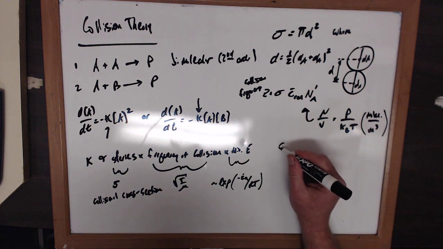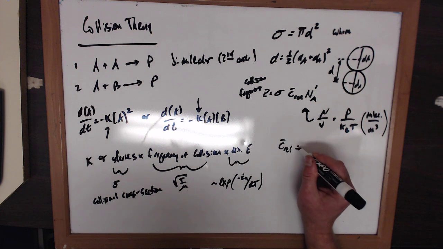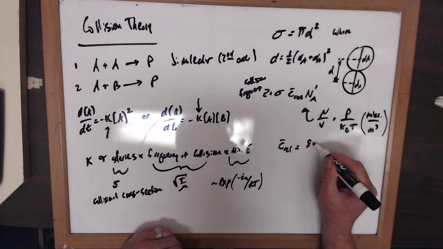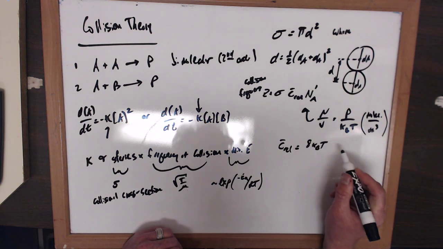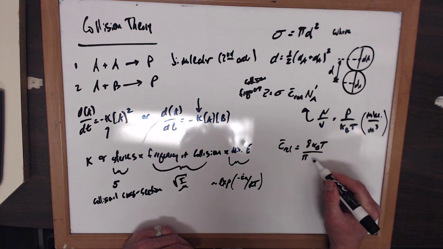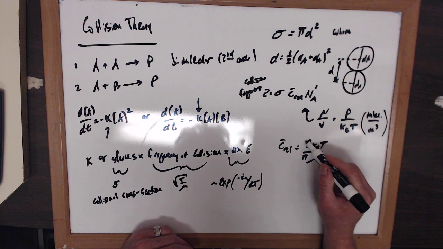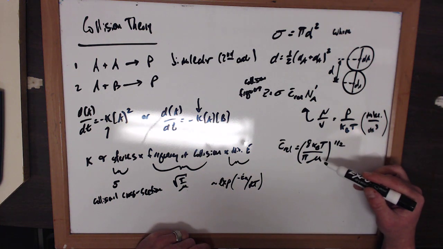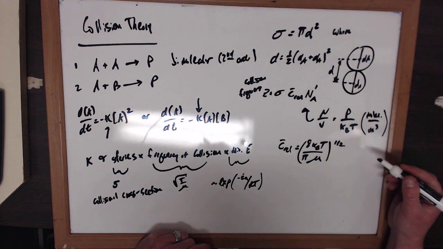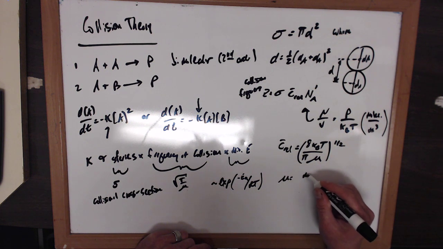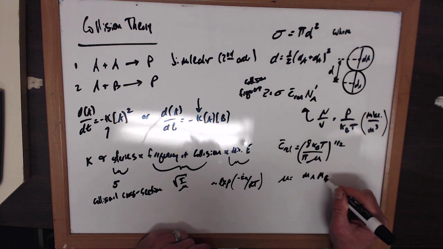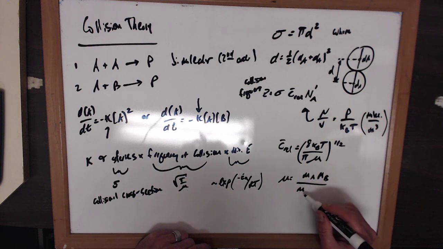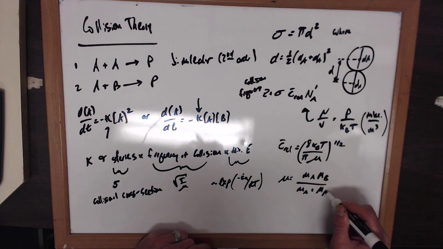And recall that our relative velocity is 8 kB T divided by pi times mu, all square root, where recall mu is our reduced mass. Okay, so mu equals mA times mB over mA plus mB.